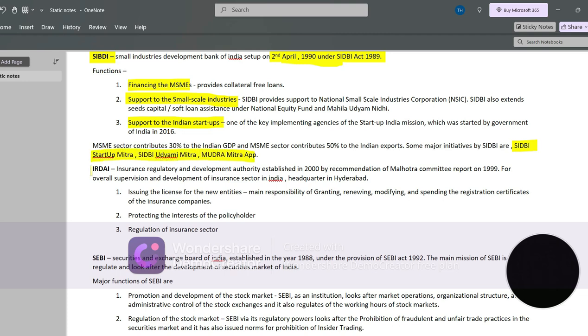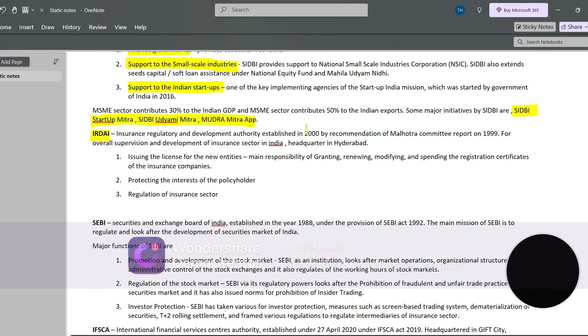Next is IRDAI, Insurance Regulatory and Development Authority, established in 2000. It was after the recommendation of the Malhotra Committee report in 1999. It was developed for overall supervision and development of the insurance sector in India, and its headquarters is in Hyderabad. It issues the license for new entities in the insurance sector.